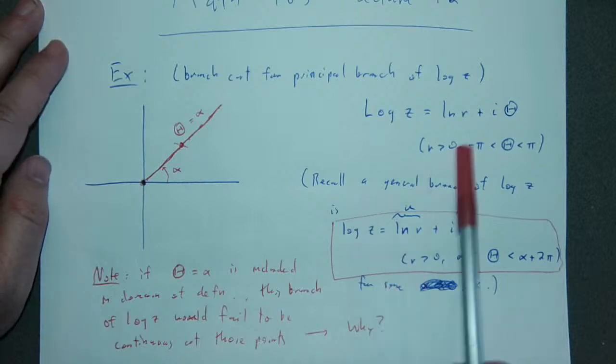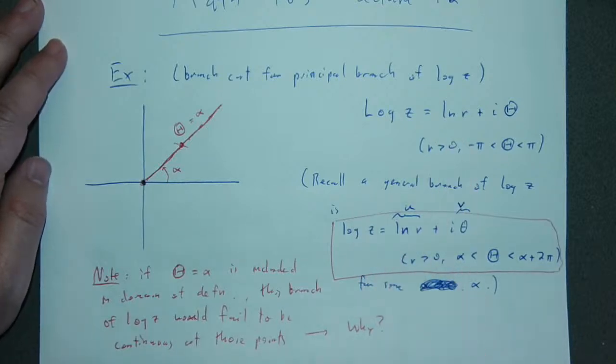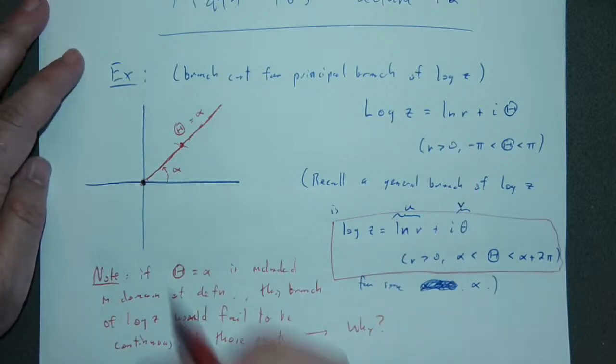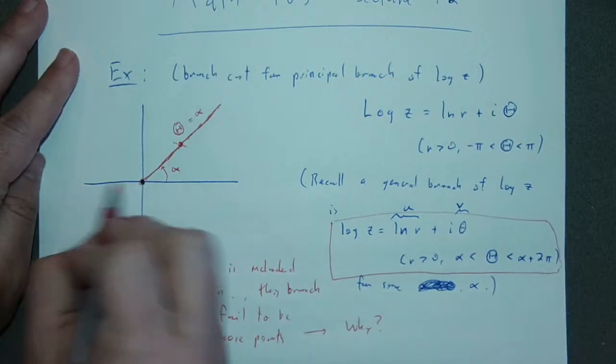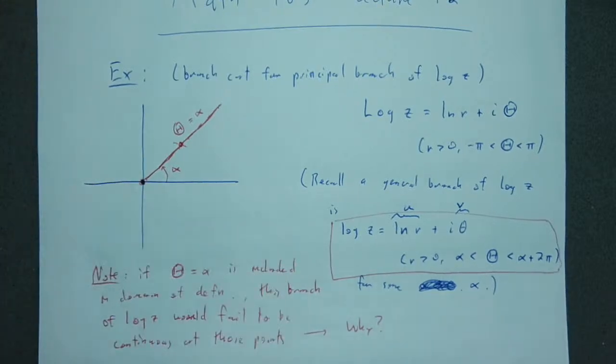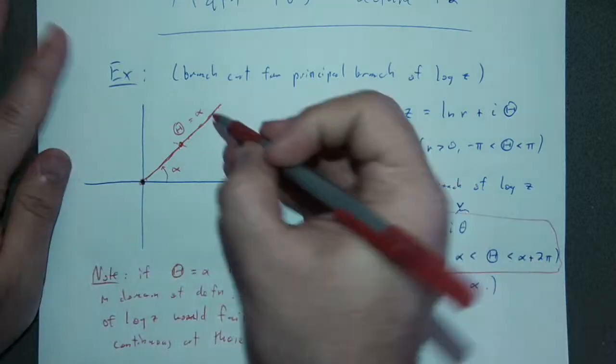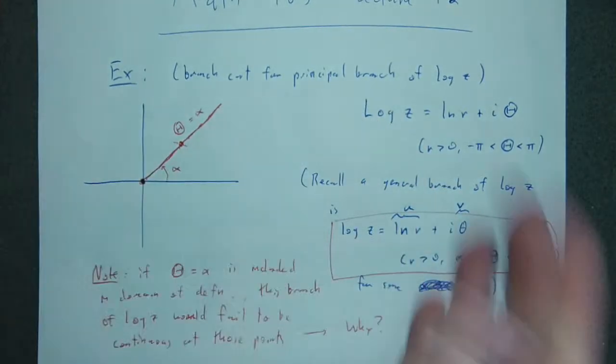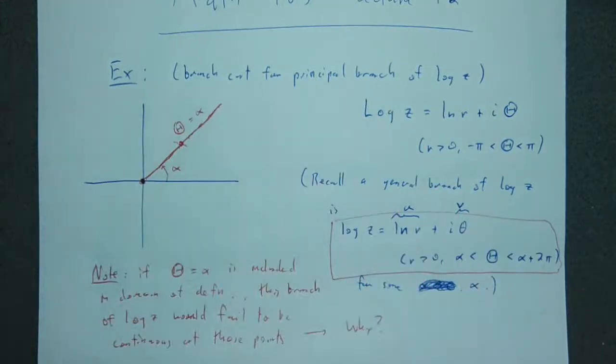I said that I took alpha to be minus pi here. So the ray that's not included is the negative x-axis. So if I get rid of this ray, it's continuous, and not only continuous, it's actually analytic everywhere else.